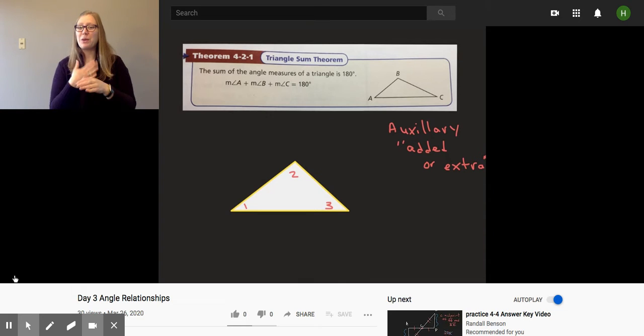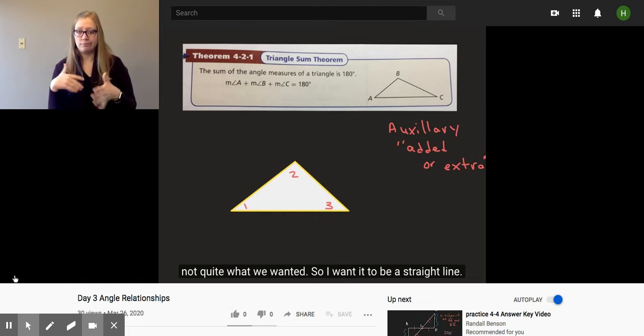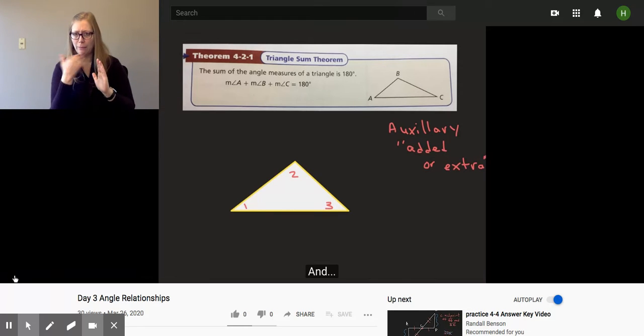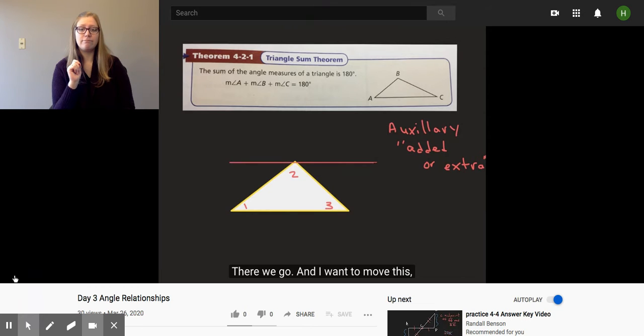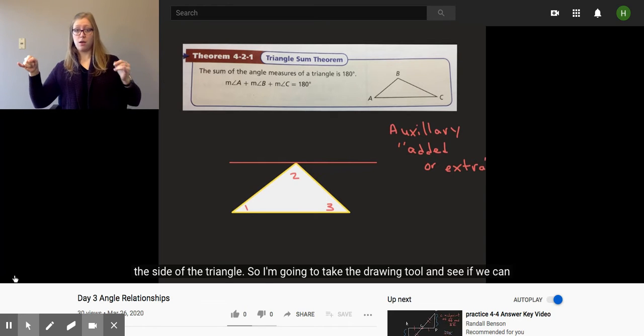So this will be one, which is not quite what we wanted. I want it to be a straight line. So let's see if we can do a better job than that. There we go. And I want to move this. It's right like that. The other line that I'm going to draw is just going to be an extension of the side of the triangle.